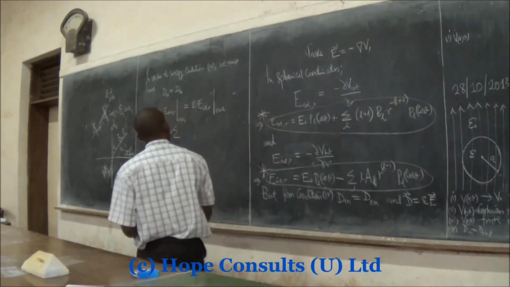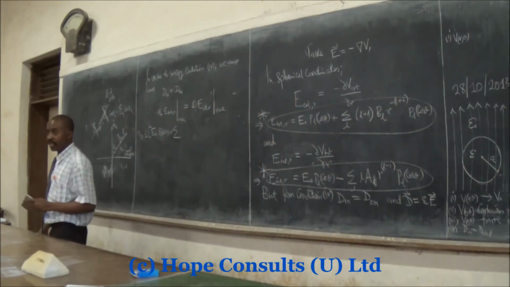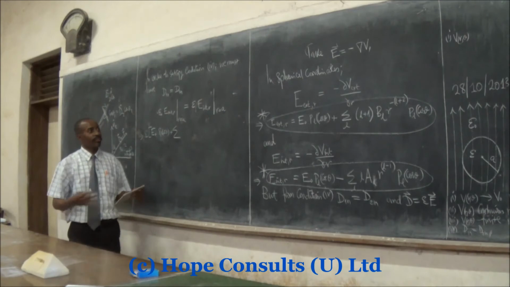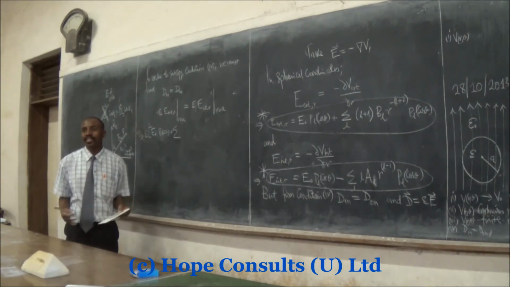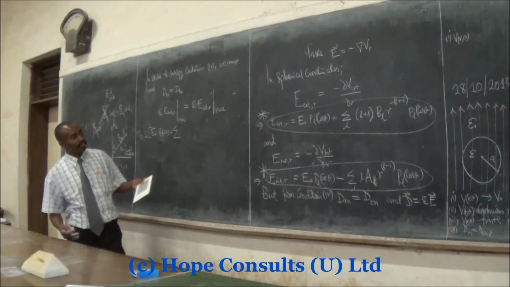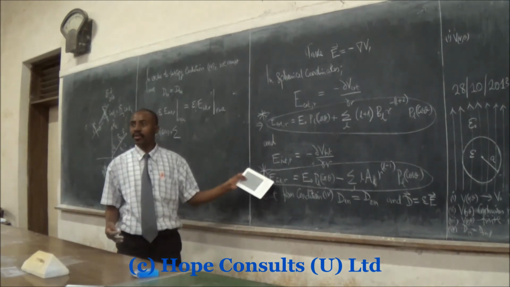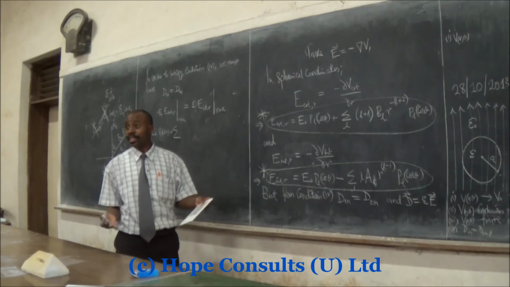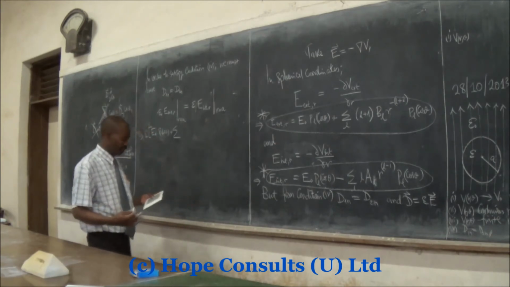I'm now making sure that if D1n is equal to D2n, basically we are saying that these two multiplied by epsilons will be equal to D. So the two should be equal.